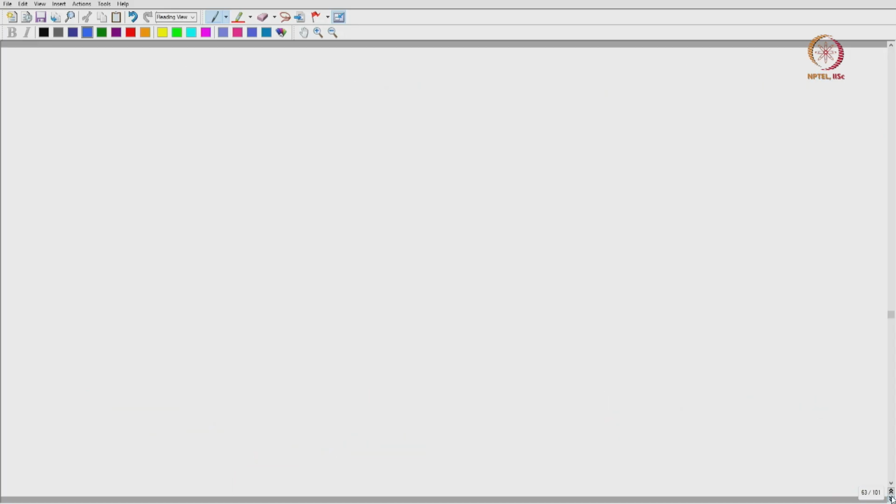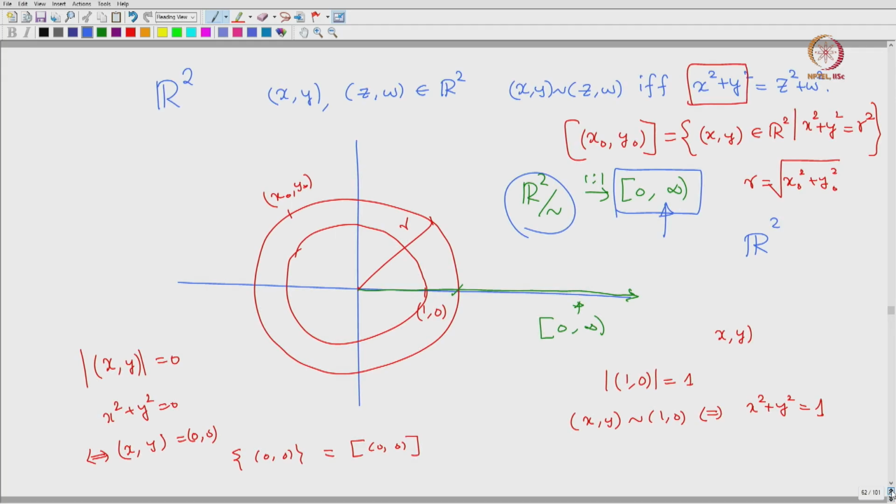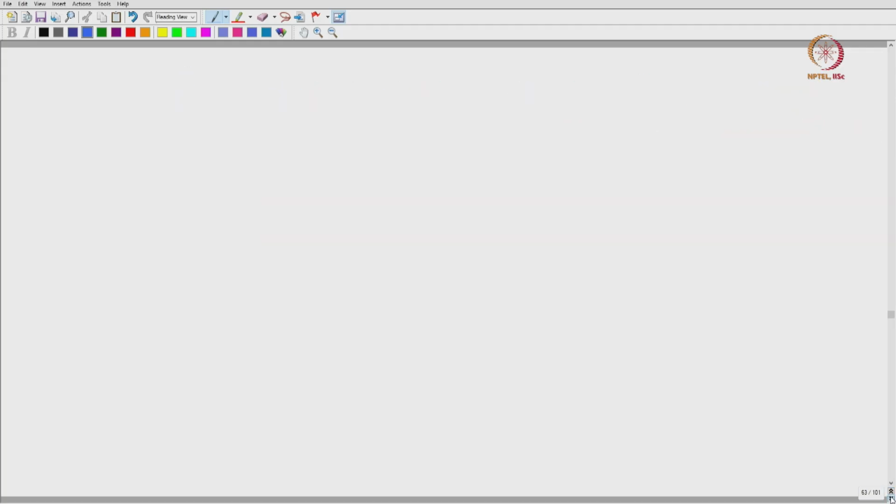For example, take something which is again motivated from both geometry and group theory. We can take X to be R, and we say that x and y from R are related if and only if x minus y belongs to the set of integers.